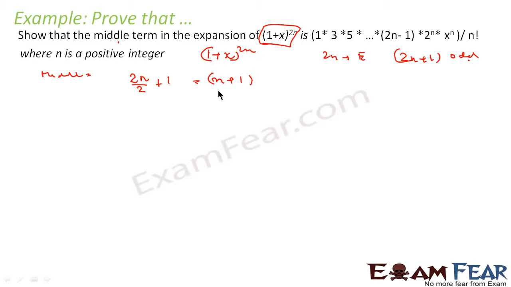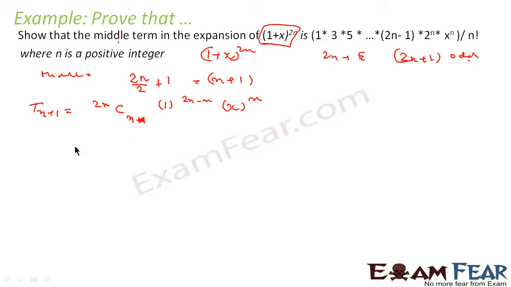Now we know that t(n+1) is the middle term. So t(n+1) is nothing but 2n C n, because the total number of terms is 2n, and this is t(r+1) = nCr, and we have 1 to the power 2n minus n into x to the power n.